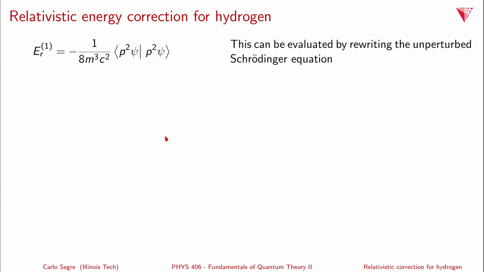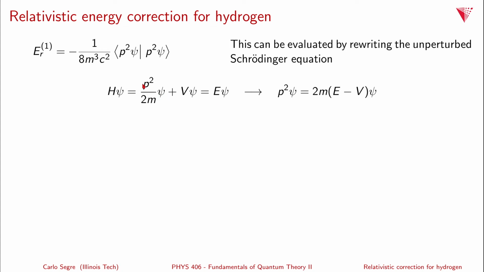We can evaluate this by rewriting the unperturbed Schrödinger equation to extract what p squared psi is. Well, we start by writing down the Hamiltonian. H psi is equal to p squared over 2m psi plus V psi equals E psi. We can rewrite that as p squared psi.